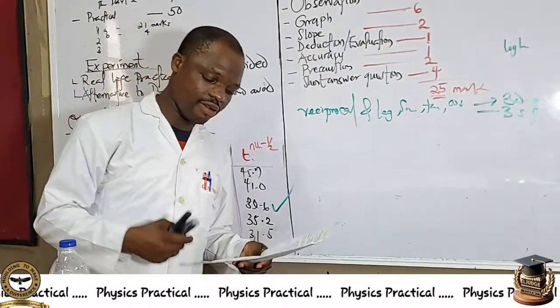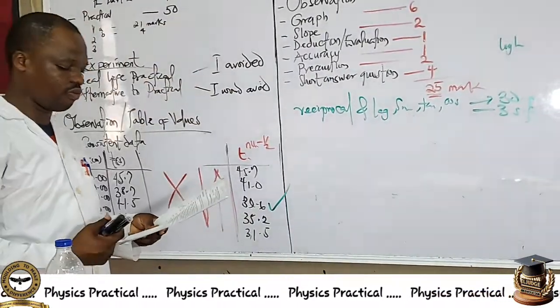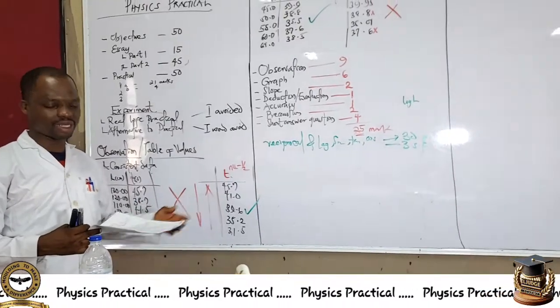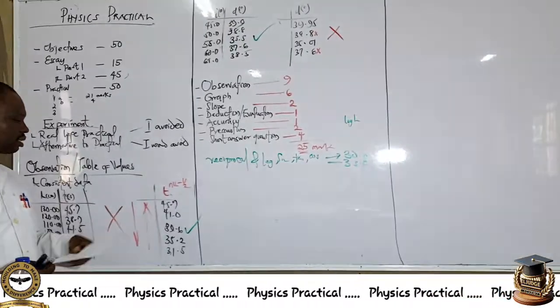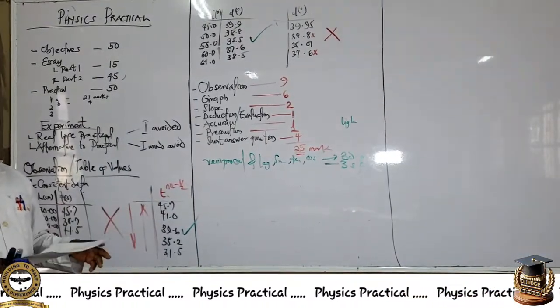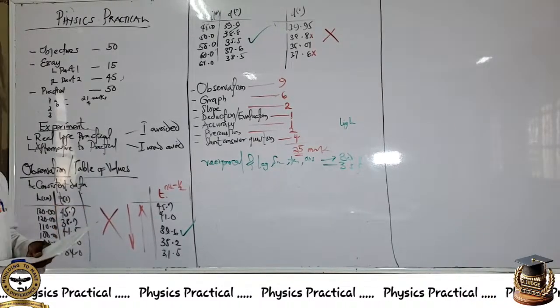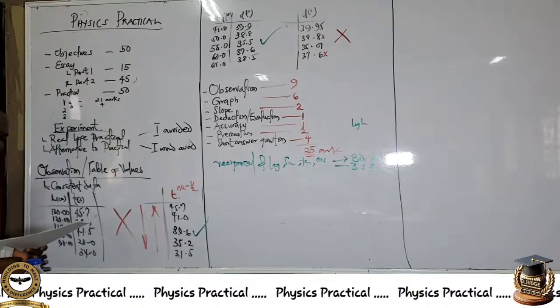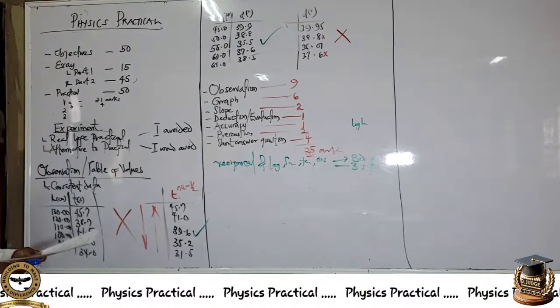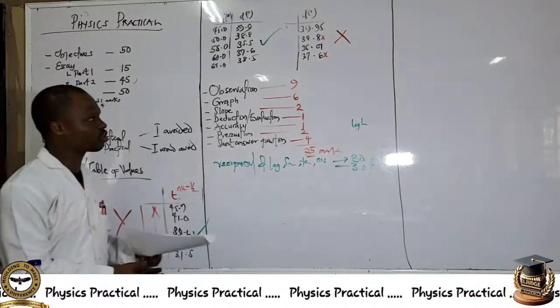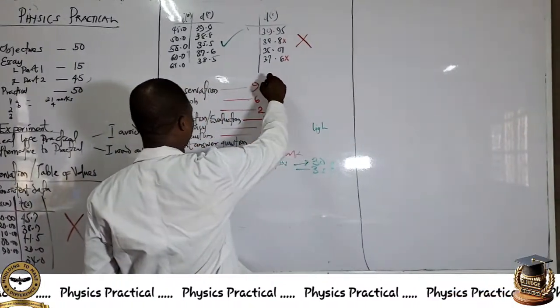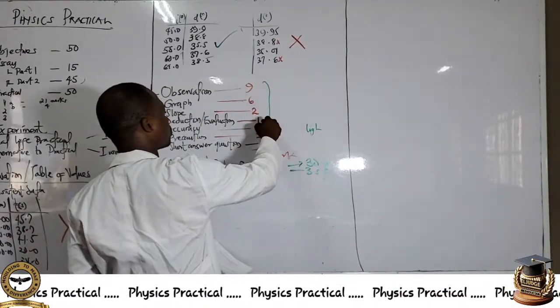Now the student invented his or her own values, which are different from the expected experimental values. So we treat that kind of case as gross error. And in gross error, the calculations from such values are under observation. Once gross error is noted, the student is going to lose marks from here to this place.